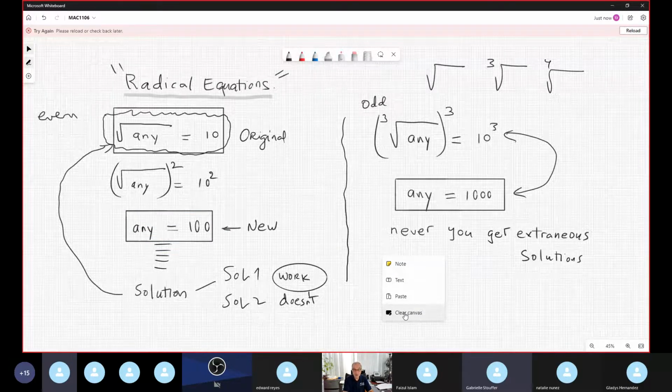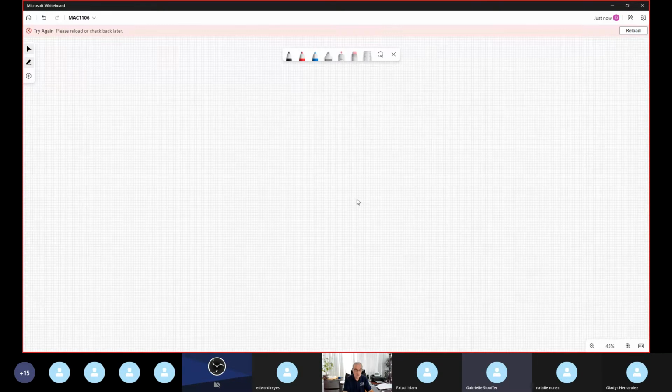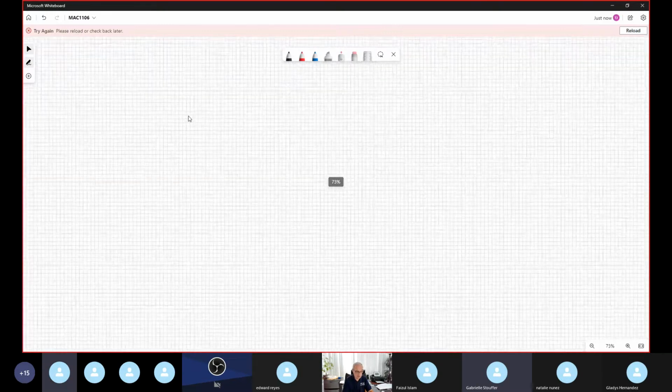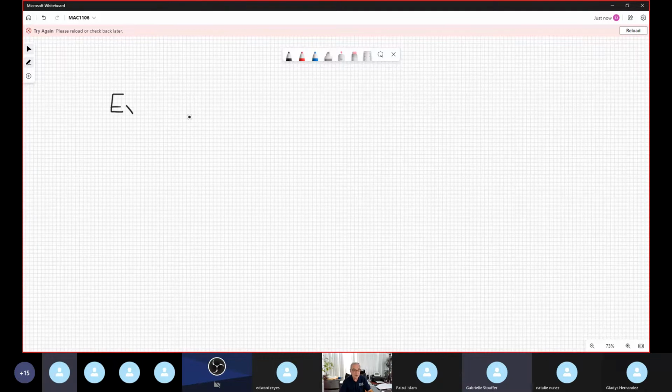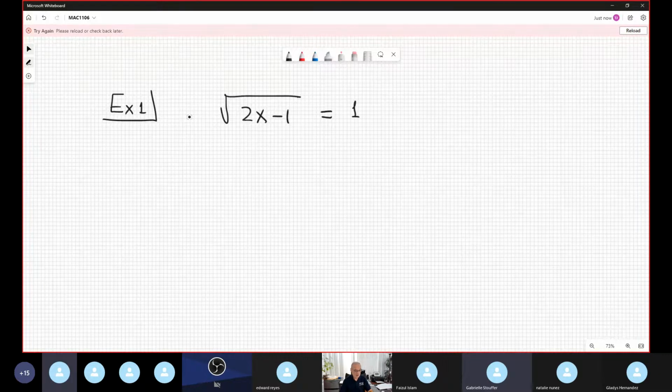Okay. May I erase the board? Yes. Cool. Okay, an elementary kindergarten example. Always the first example is elementary. You have one radical. Okay, so for x, don't touch the original.